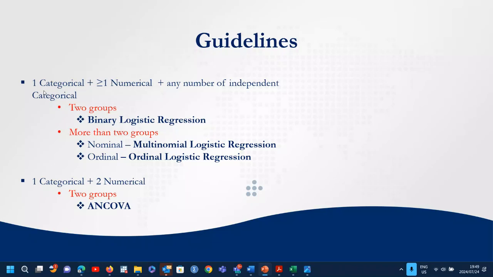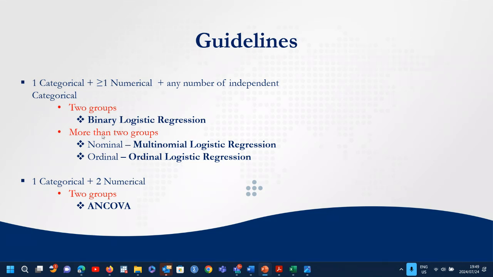Then the analysis will depend on the type of the categorical. So if the categorical has two levels, you'll be doing a binary regression because it's two levels. If it's got more than two groups, like where it had low, medium, high, it's going to be ordinal because there is order.